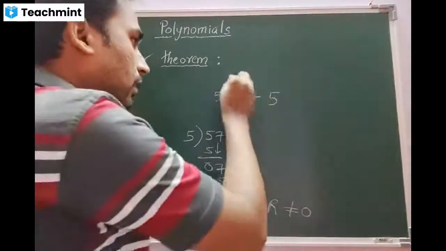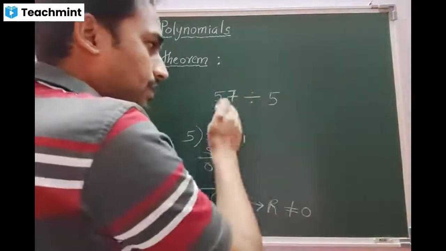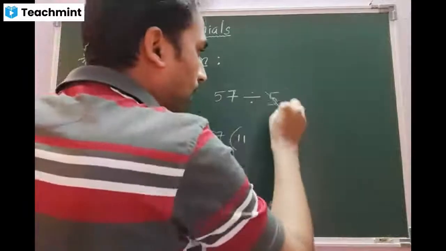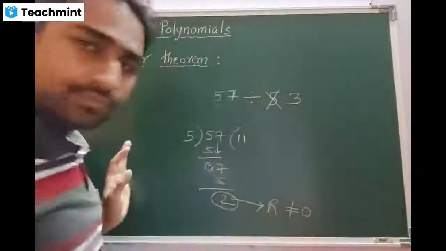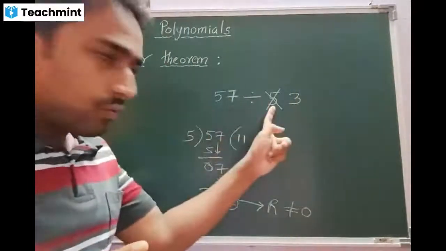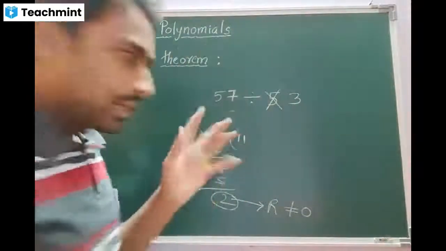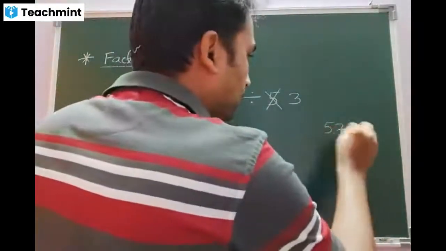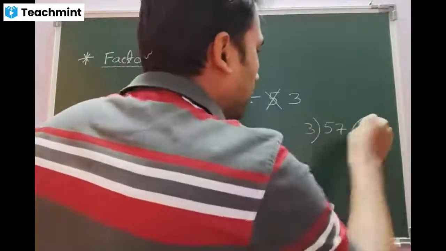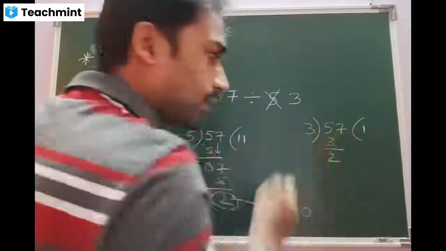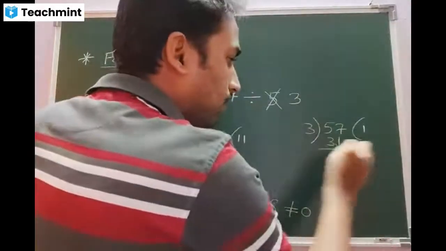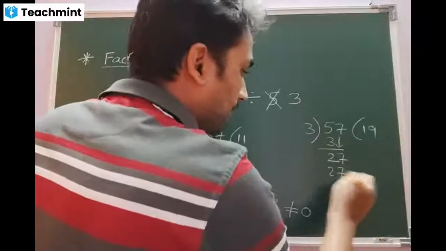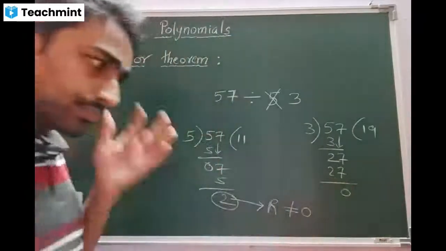Suppose I divide the same number 57, and instead of 5, I take the divisor as 3. Let us perform the division. 3 ones are 3, 2 is remaining. Take this 7 down. 3 nines are 27. Am I right, beta?